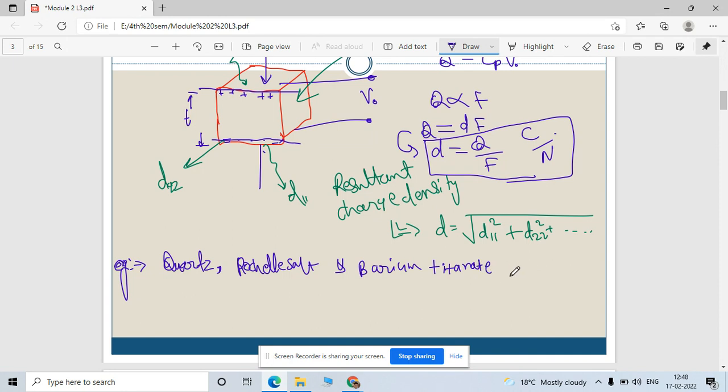And one more is ceramic. This is for natural piezoelectric crystals. If I talk about the synthetic type, one is ammonium dihydrogen phosphate. So this is just information for you.